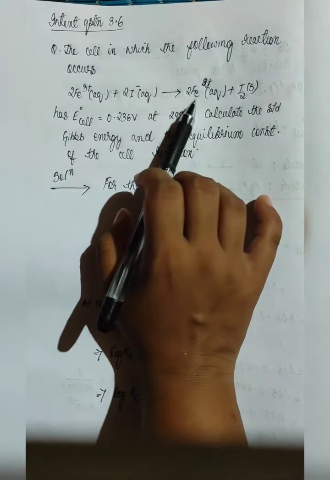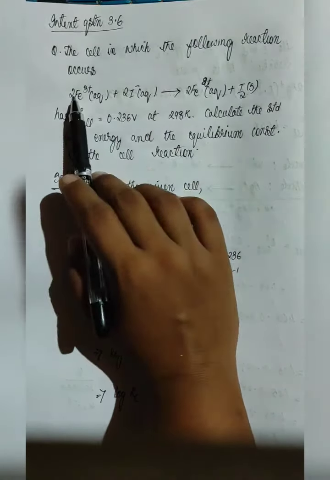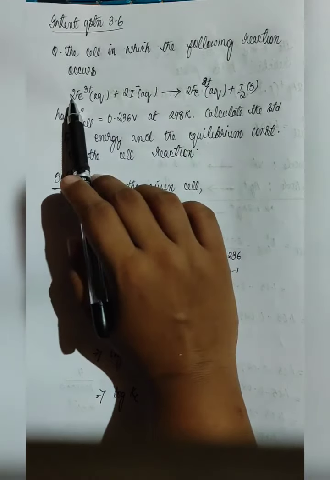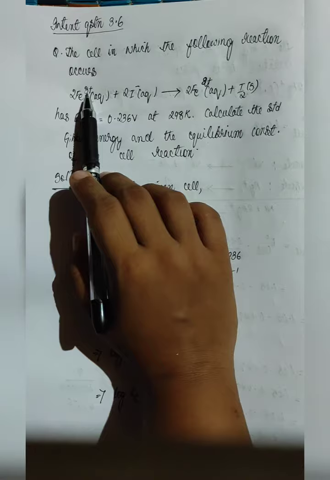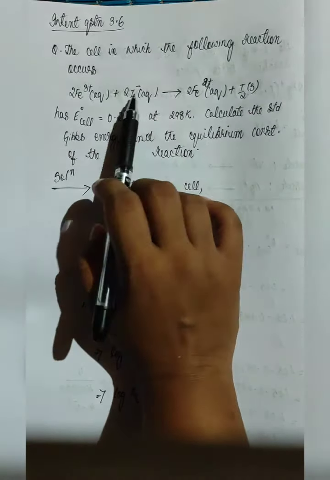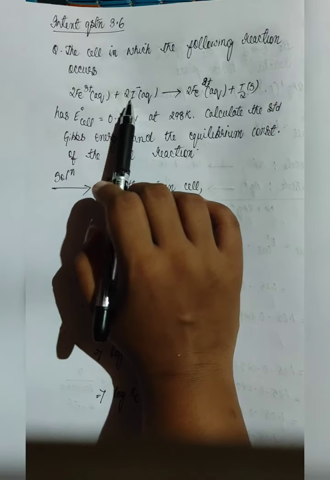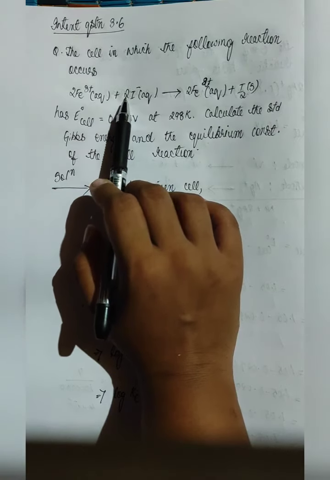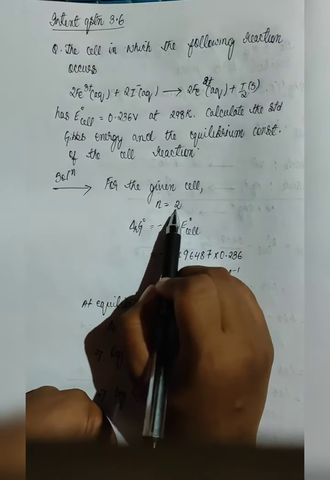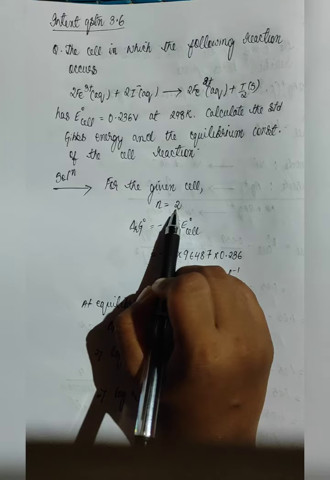That means, for iron, here it is 3 plus, but in the product side it is 2 plus, and here iodine has 2 coefficient. That means 2 electrons have taken part in the reaction. So N is written as 2 because 2 electrons have taken part in the reaction.